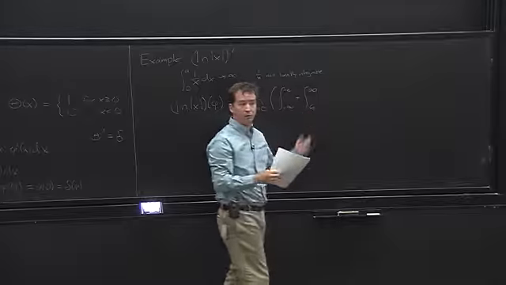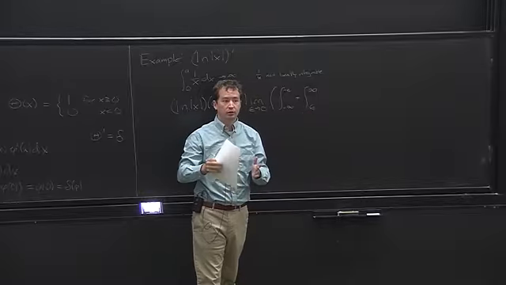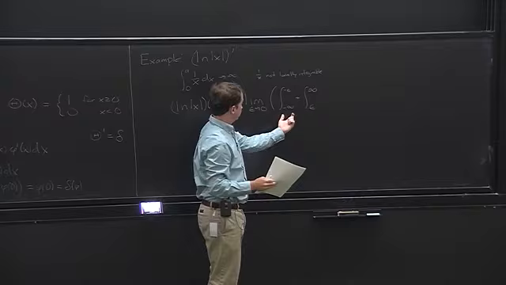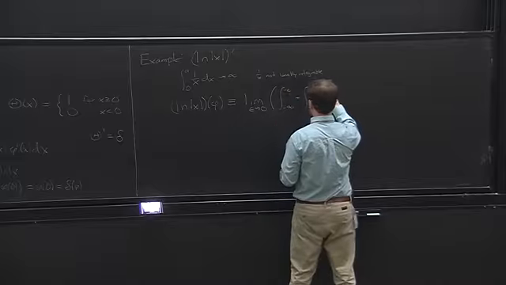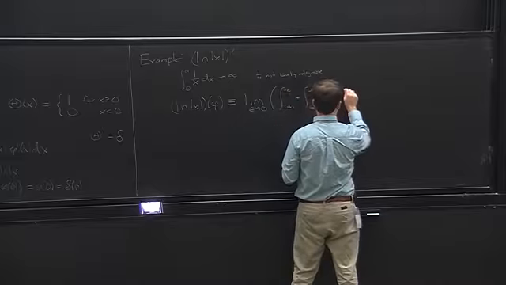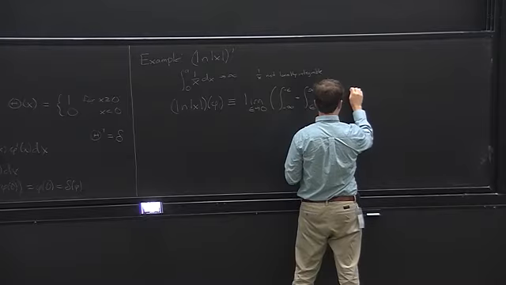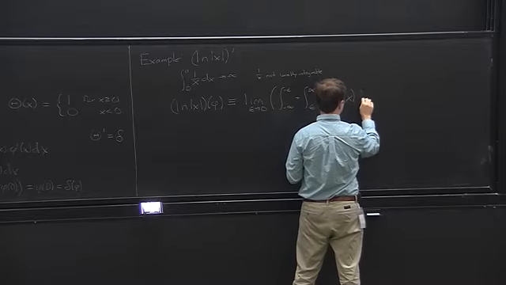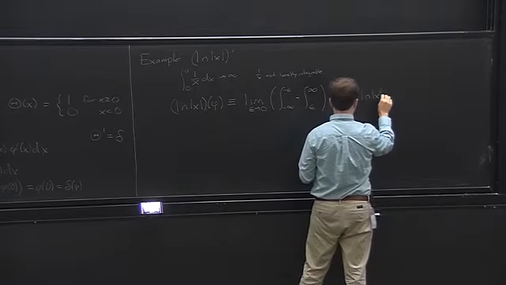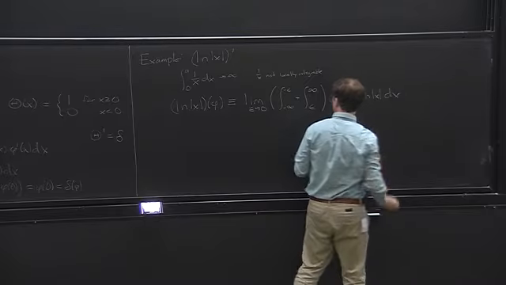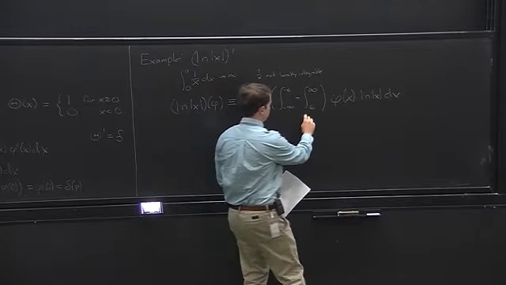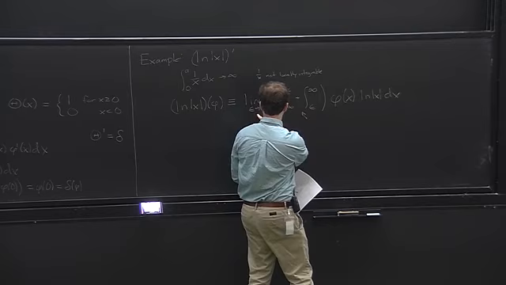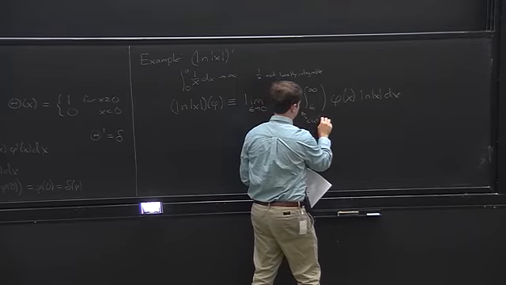So basically over the real line, just with a small region of width 2 epsilon around the origin excised. And our integrand is phi of x times natural log of x. So we've just cut out a small region around 0. And in fact, we can show that in this limit as epsilon goes to 0, the cutout part vanishes.